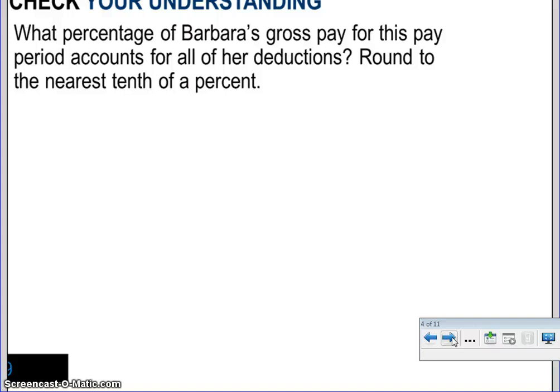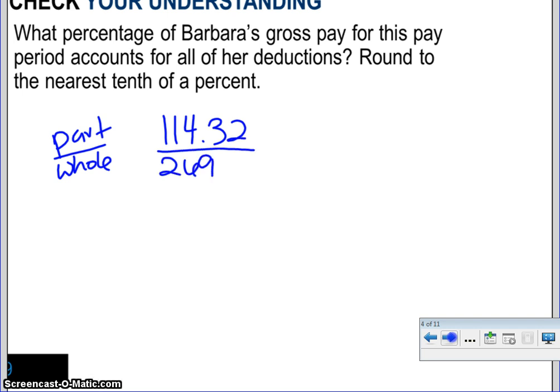All right, in order to get the percentage that is her deductions, remember we're looking at a ratio where it's always a part over the whole. So in this case, it's the $114.32 is the part, the $269.75 is the whole. Remember, this is all about division when I have a ratio.